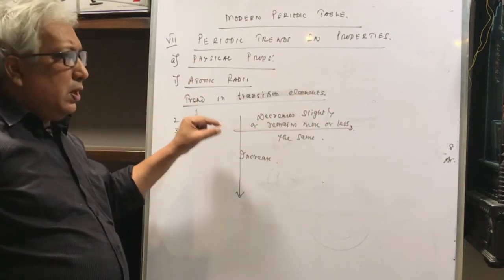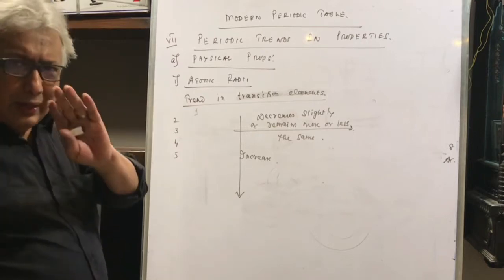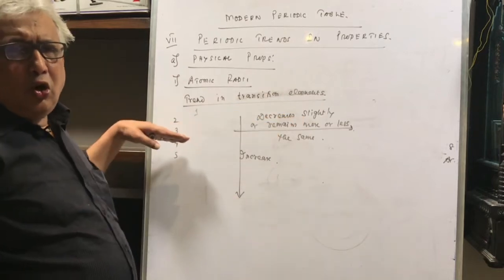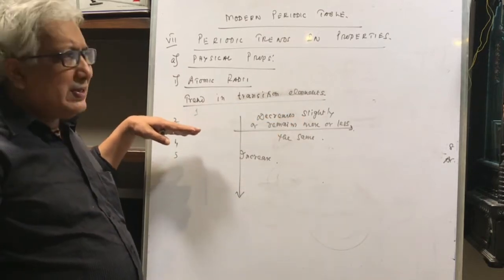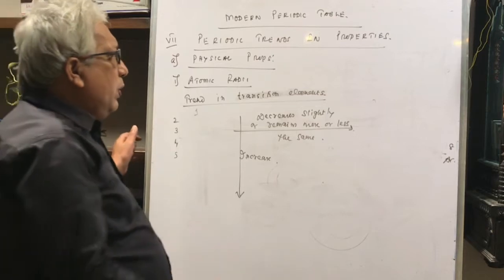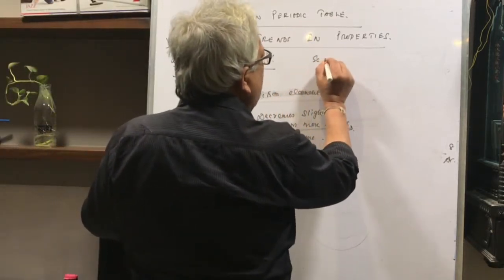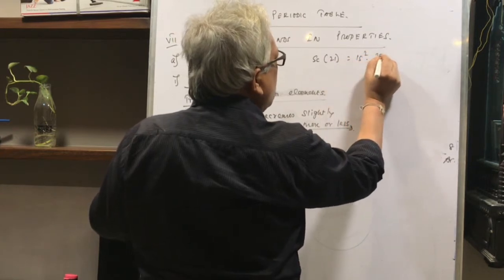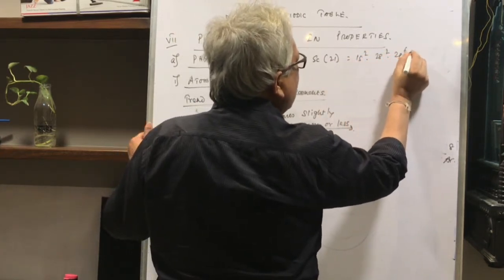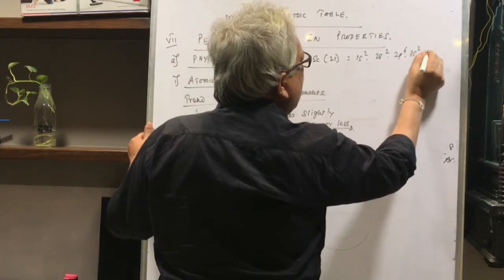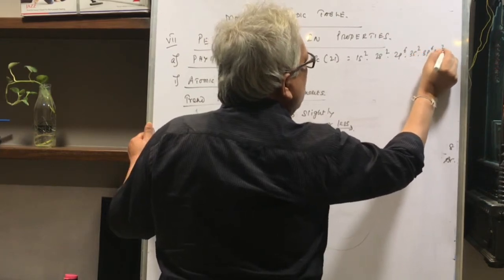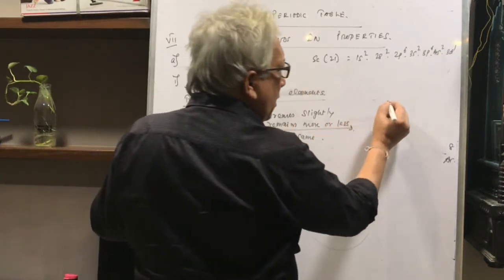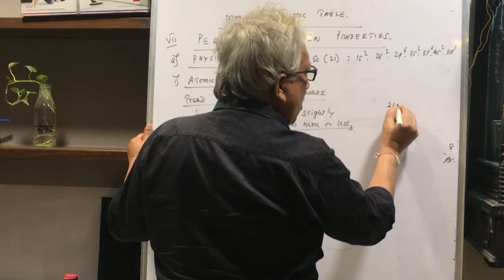I would like to take the example of the first transition series, that is scandium to zinc. Scandium's atomic number is 21, so the configuration is 1s2, 2s2, 2p6, 3s2, 3p6, 4s2, and then 3d1. There are 21 protons.